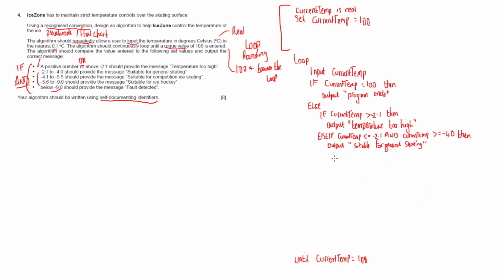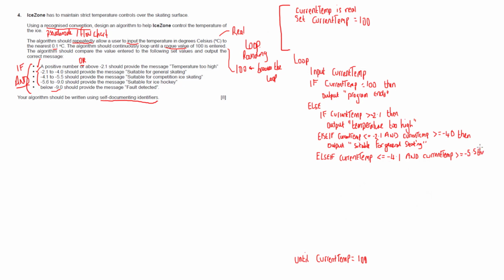Now in the next bit we're going to do another else if, and we just follow the pattern down the line. We've done that one now, 2.1 to 4. So we say current temp is less than or equal to minus 4.1, and current temp is greater than or equal to minus 5.5.